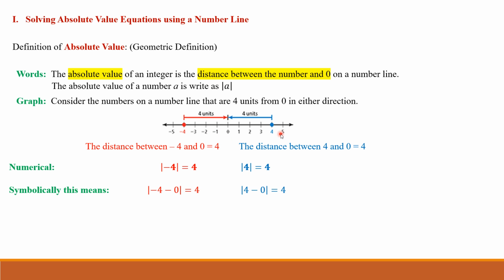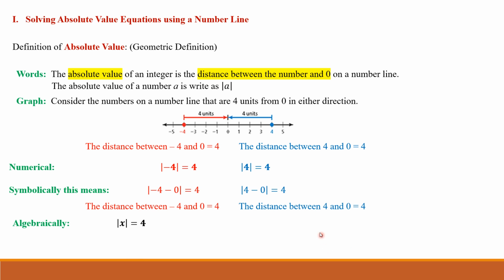The distance between 4 and 0 is 4. Using our absolute value bars, the absolute value of -4 means the distance between -4 and 0, and the absolute value of +4 is the distance between +4 and 0.